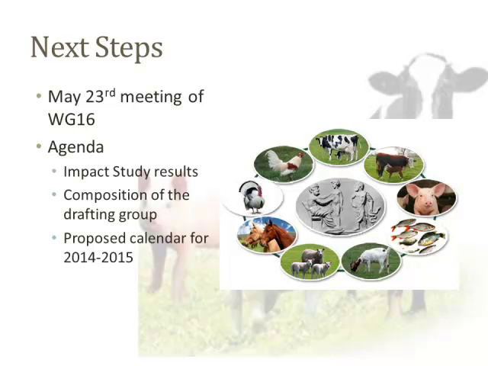And because some of the countries that were on the initial drafting group voted no to the new work item proposal, and new countries have indicated an interest, they're going to reshuffle the drafting group. So we're going to talk about that when we're there. And then we're also going to talk about a timeline. The initial timeline, when they first put it out in August, was that they wanted it done in a year.